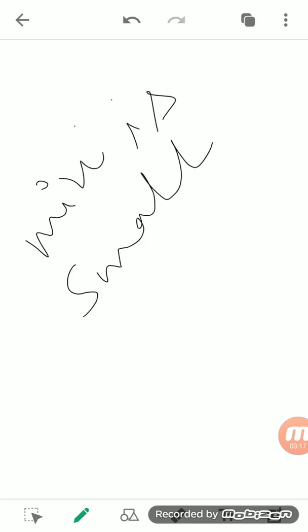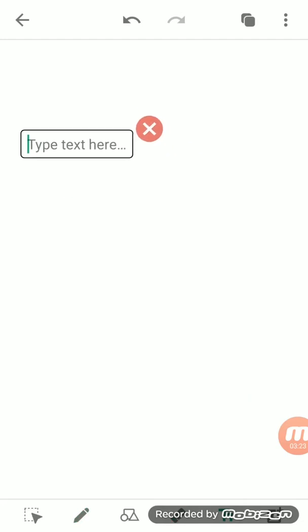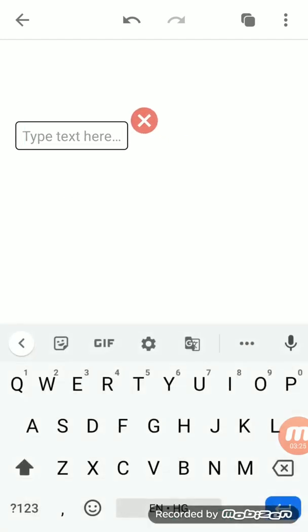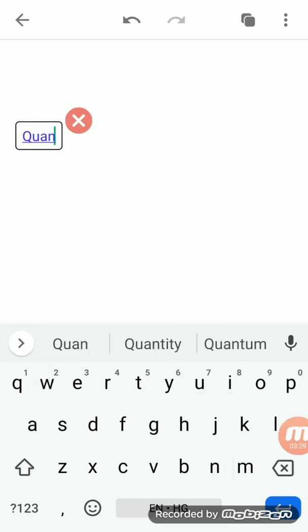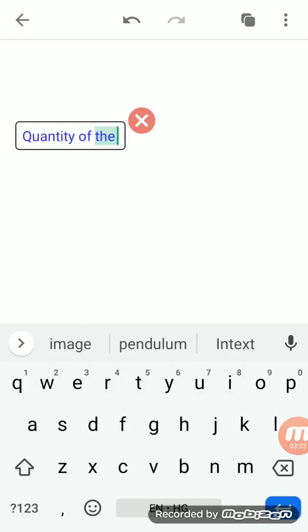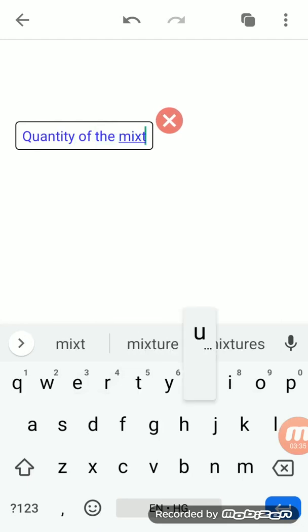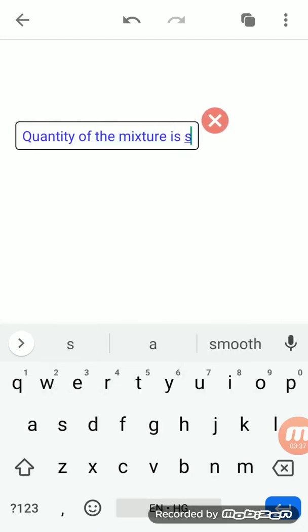Let me write it properly so that you can write it down. This method, the hand picking method, can be preferred when the quantity of the mixture is small.